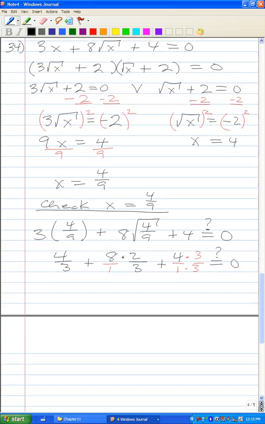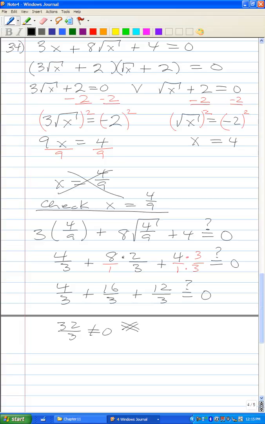And so is 4/3 plus 16/3 plus 12/3 equal to 0? No, certainly not. That's going to be 32 over 3, and that's not 0. So no, that's not a solution. That's an extraneous solution.